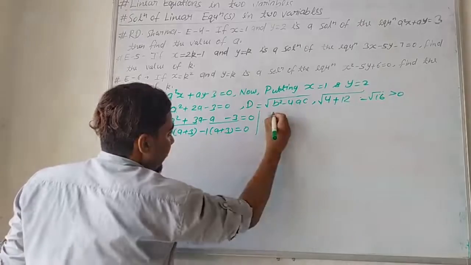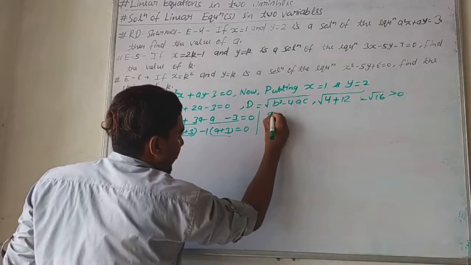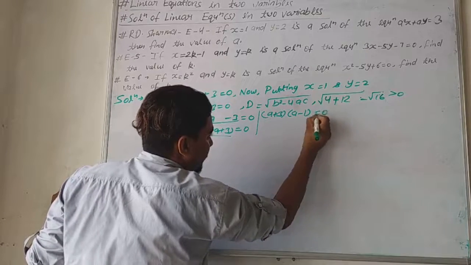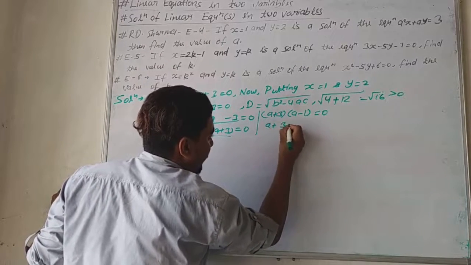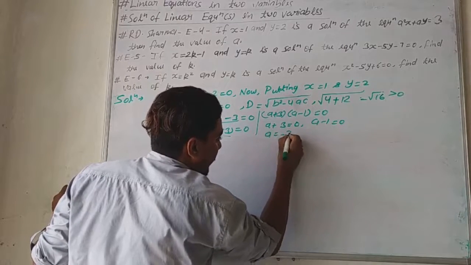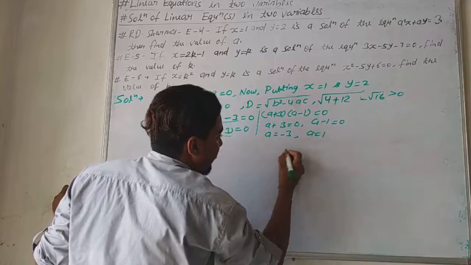So a plus 3 is common, and what remains is a minus 1 equal to 0. From here a plus 3 equal to 0 and a minus 1 equal to 0. So we get a equal to -3 and a equal to 1 as the solutions.